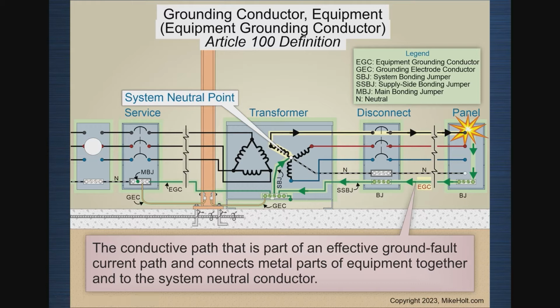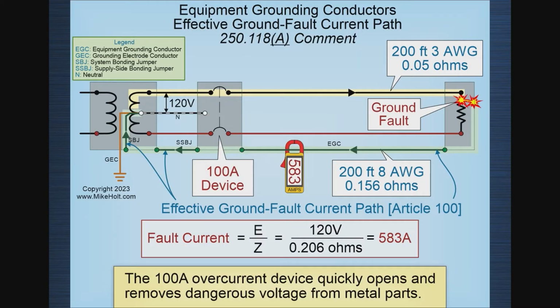Okay, so now we know what an equipment grounding conductor's intended purpose is, or rather what it's called. Now let's review again what we've done before. If there's a ground fault, current leaves the overcurrent protection device, goes to the ground fault, electrons leave, they travel on the equipment grounding conductor through the supply side bonding jumper, which we'll talk about later on, the system bonding jumper, which is part of the effective ground fault current path.